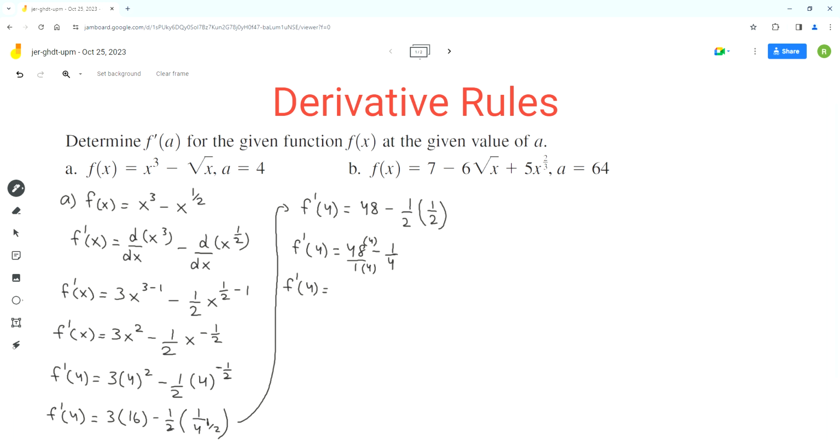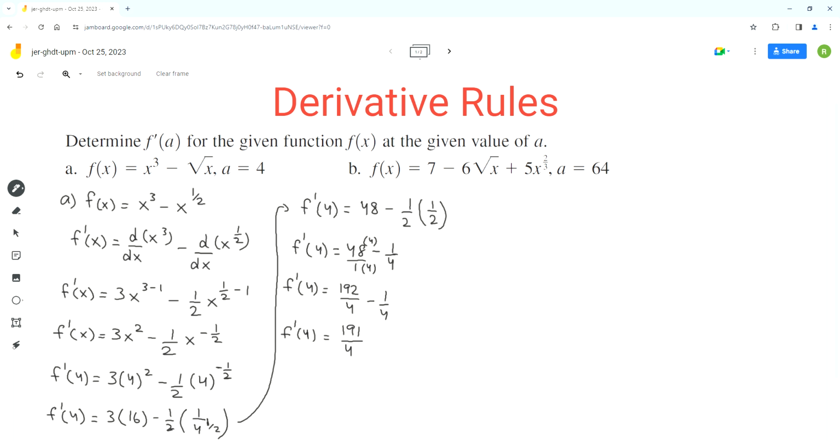So we get 192 over 4 minus 1 over 4, which can be simplified to just 191 over 4. So this is the value of the derivative of this given function at a equals 4.